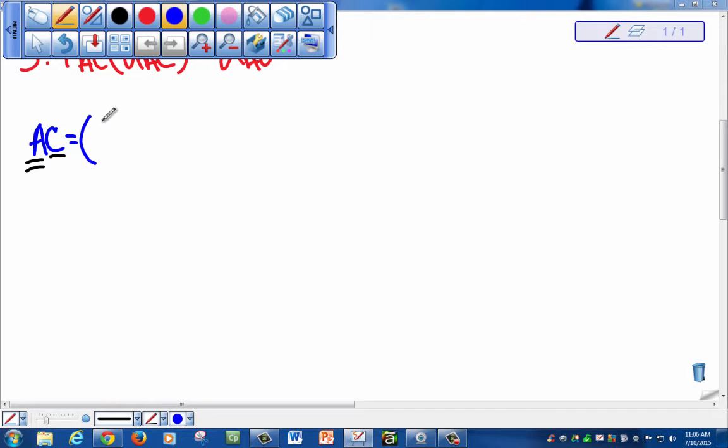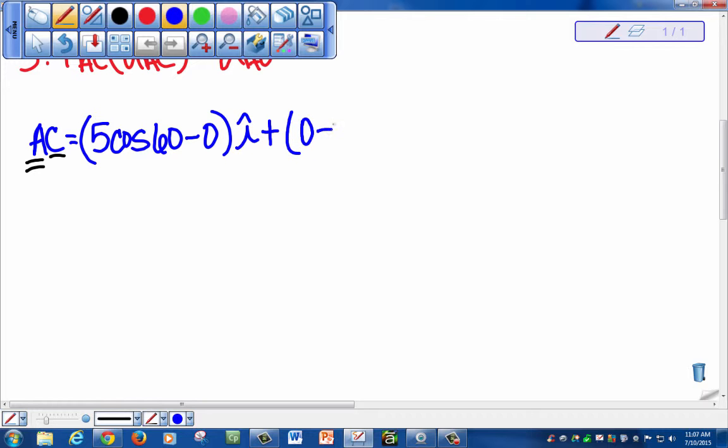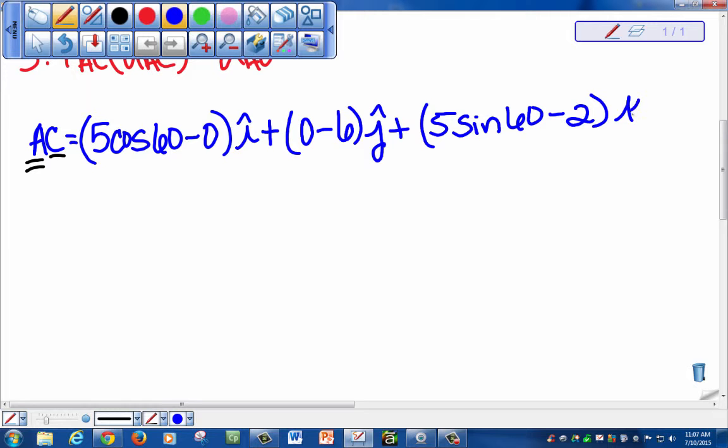So, I'm going to say 5 cosine of 60 minus 0, and this is all in the I direction, plus 0 minus 6 in the J direction, plus 5 sine of 60 minus 2 in the k direction.